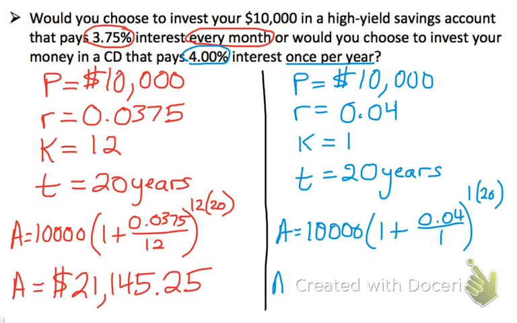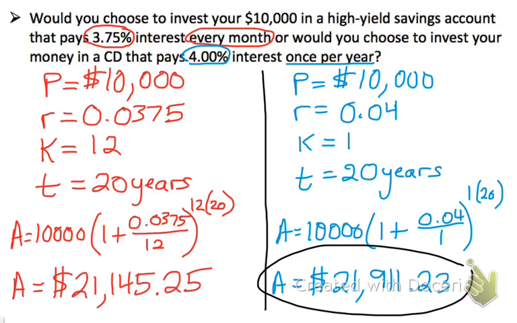When we input that into the calculator, we get an ending amount of $21,911.23. So comparing the two quantities, given the same amount of time investing, the second option, the higher interest compounding less frequently in this case, is the better investment because we'll end up with more money over time.